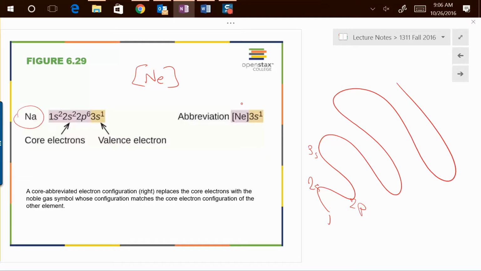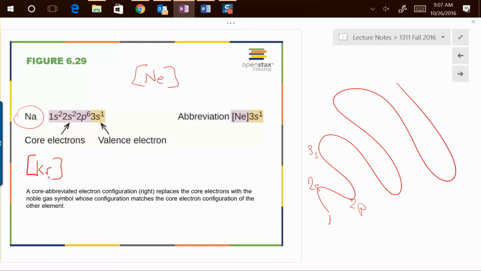Now, for sodium, it's not a big deal to write that out. But when you're down here on iodine or something, okay, you can imagine the electron configuration is getting pretty long. But I'll still make you write some of those long ones, okay? But sometimes I might say it's okay to abbreviate it. And then for iodine, I would abbreviate it by saying the noble gas that comes before iodine is what? Krypton. Okay? So I'm going to go from 36 to 37.